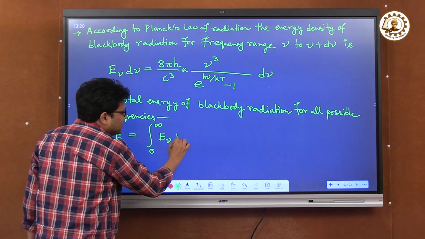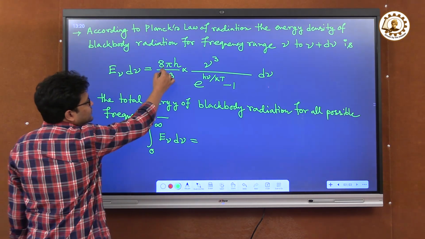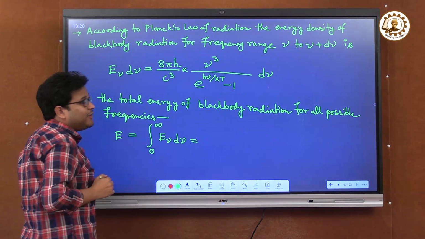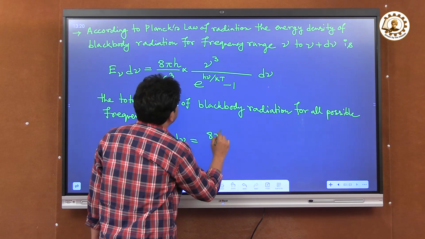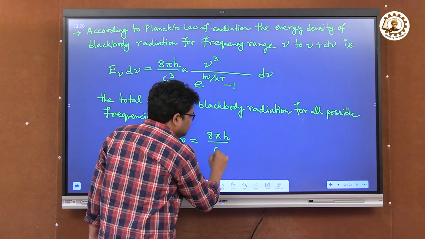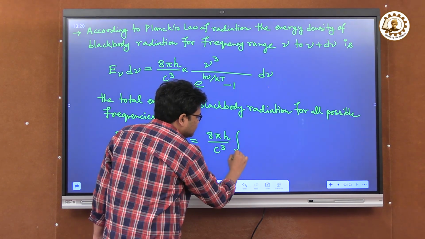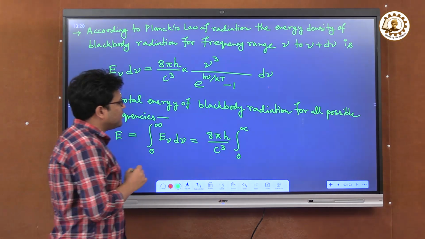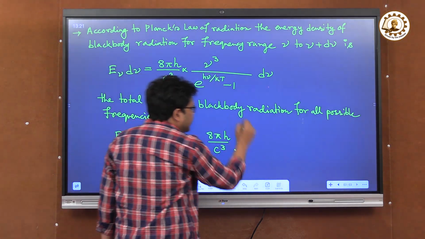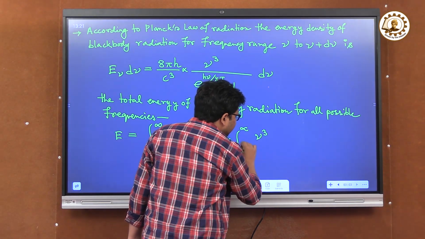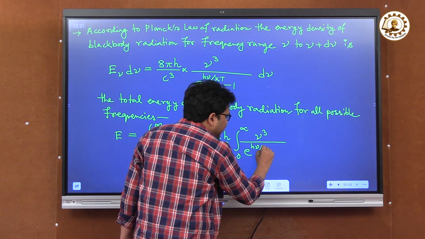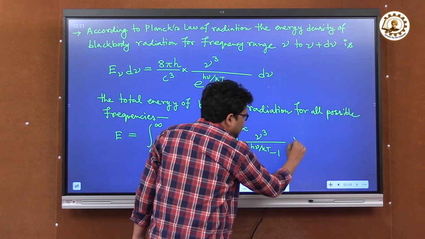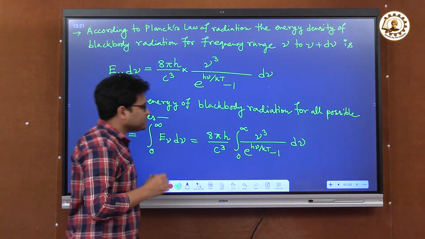of E nu d nu, which equals 8 pi h by c cube. It is a constant quantity, so I am keeping it outside of the integral sign. Integration from 0 to infinity, nu cube divided by e to the power h nu by kT minus 1 d nu.